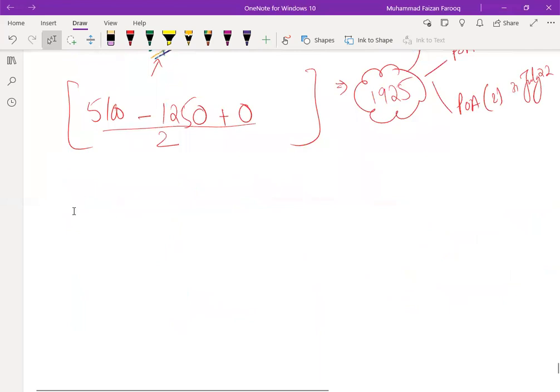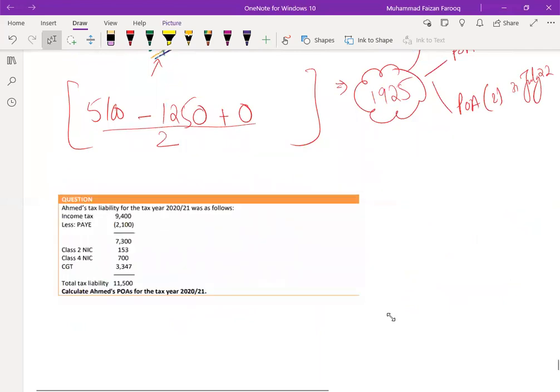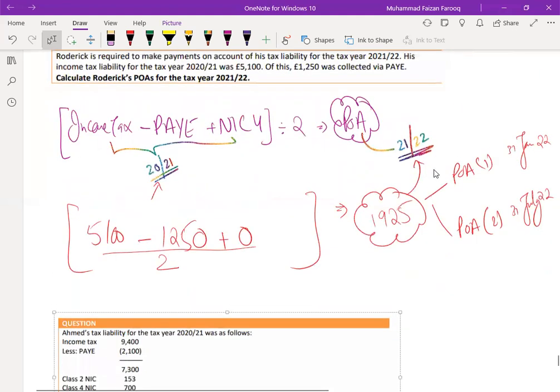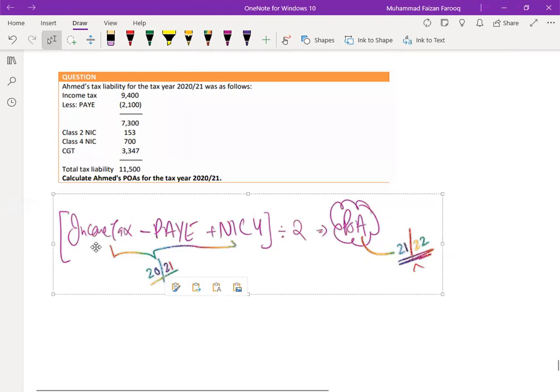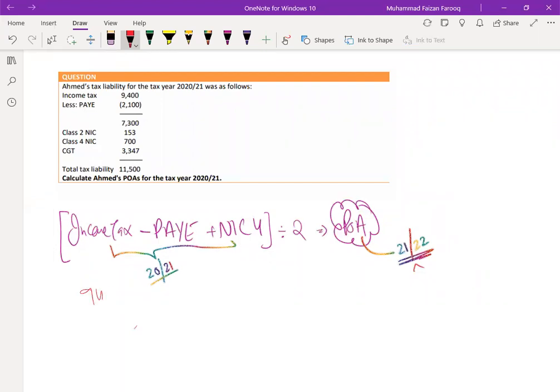Try it on your own. 4,000 is the correct answer, option C. Income tax is 9,400, PAYE is 2,100, NIC 4 is 700.